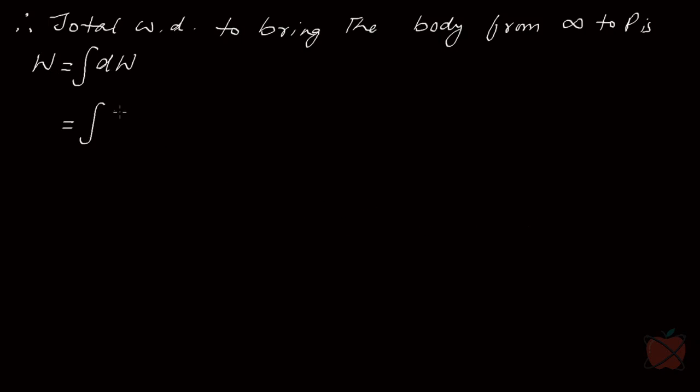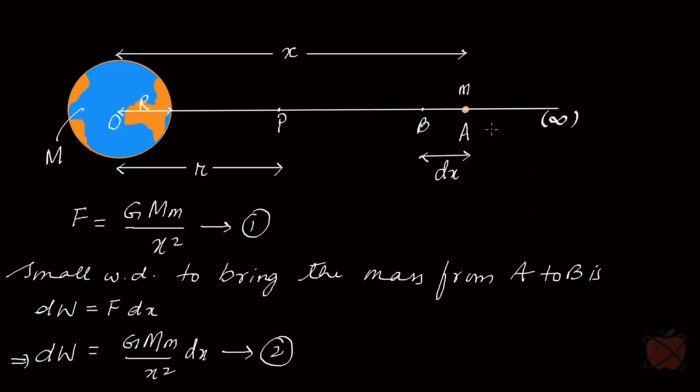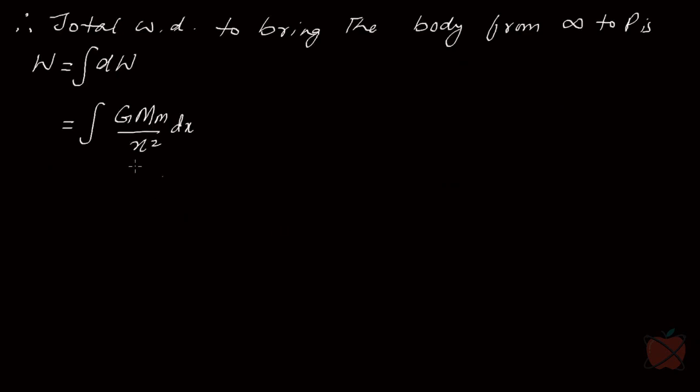Integration of dW is G M m by x squared dx. And what is the limit of integration? Again, where from are you taking the body? From infinity, is it not? So when this small mass is at infinity, its distance x would be infinite. When you take it to point P, its distance from the earth would be r. So the limit of integration is from infinity to small r.